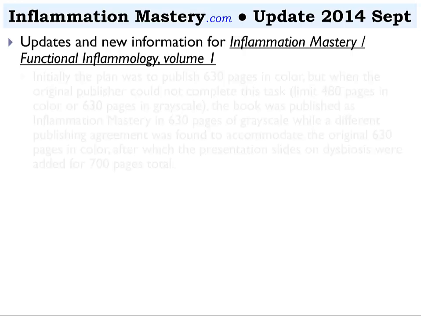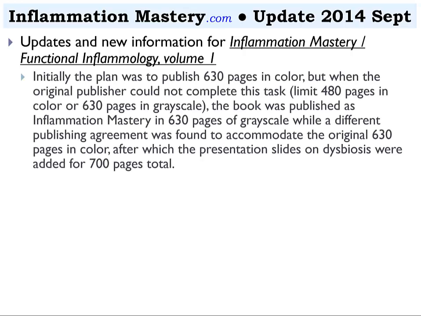Let's look at a few differences and some updates that I do have for you here in September 2014. So initially the plan was to publish this work in 630 pages of color, and that was going to be called Inflammation Mastery. Well, the publisher I was working with made it clear to me that they couldn't do that. They could only do 630 pages in grayscale, or they could do color, but only up to 480 pages.